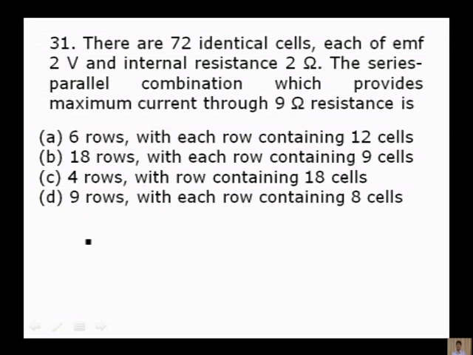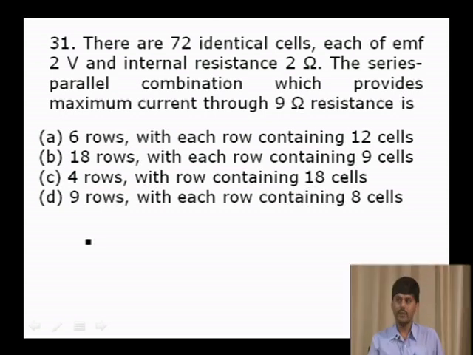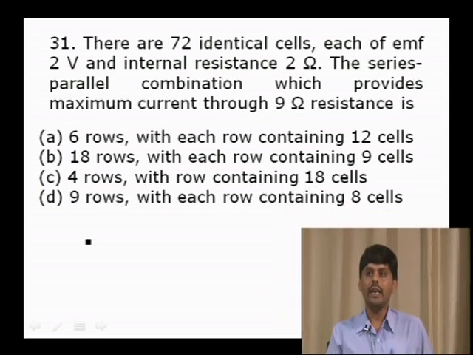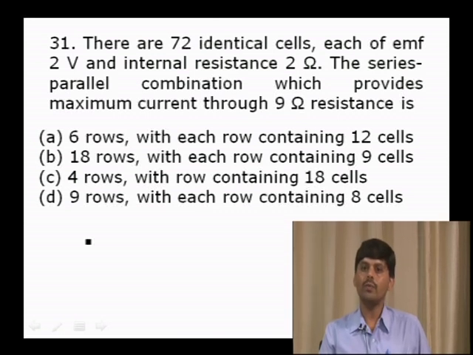The series and parallel combination which provides the maximum current through a 9 ohm resistance is: A, 6 rows with each row containing 12 cells. B, 18 rows with each containing 9 cells. C, 4 rows with each row containing 18 cells. D, 9 rows with each row containing 8 cells.